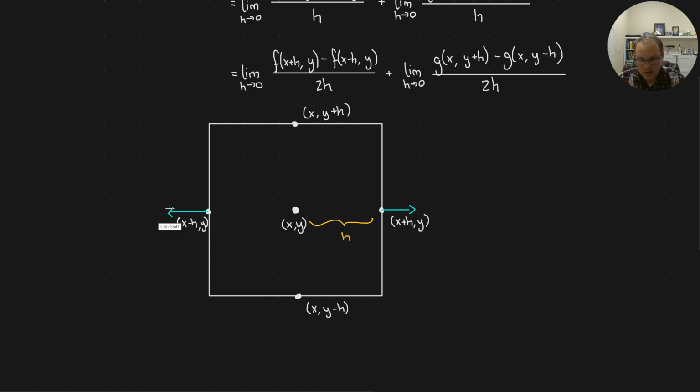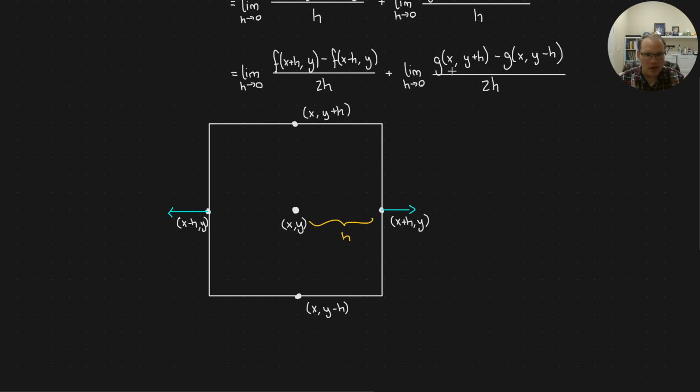We're taking the negative of the horizontal component. We count it positive if we go this way, so we are counting it the other direction.